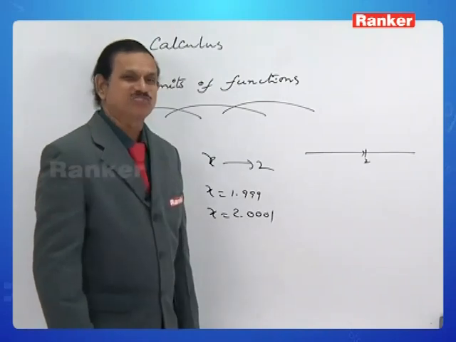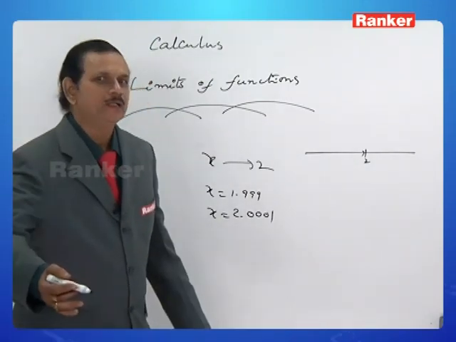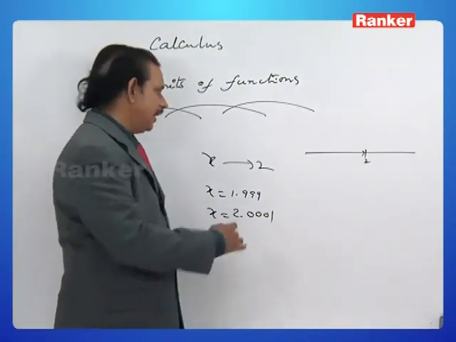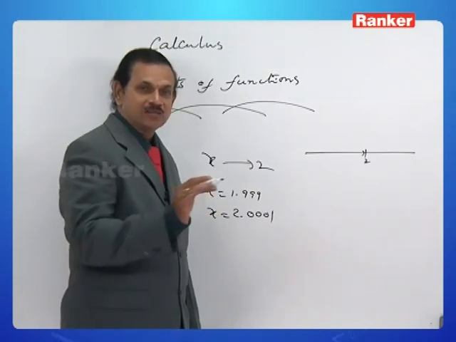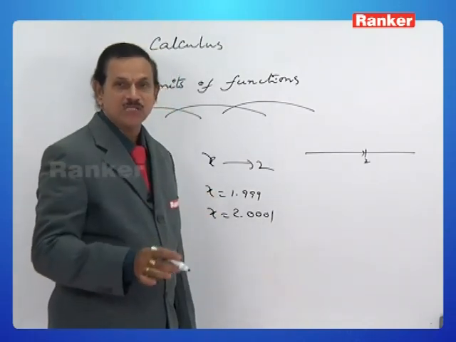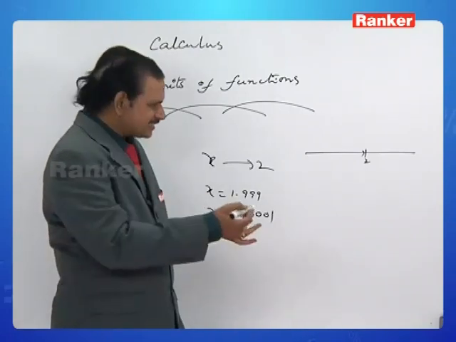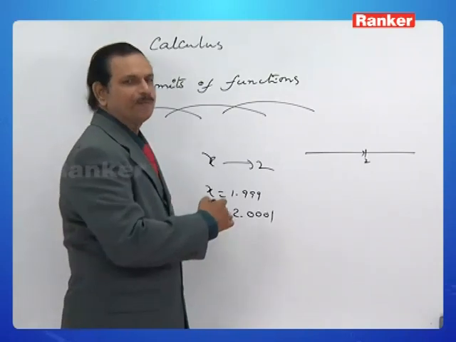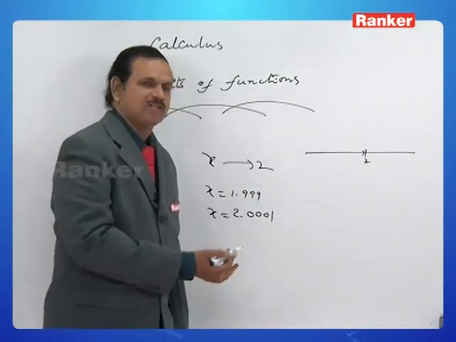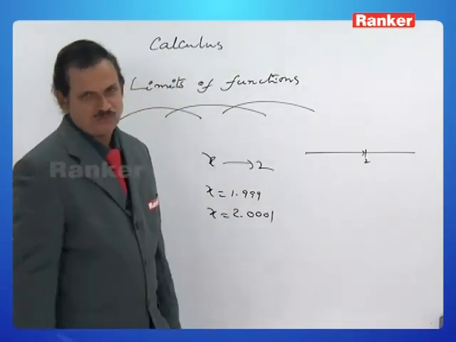And we are using X to be 2. That is, X tends to 2 from left. Why should you add that word from left? Actually, the actual value of X is a value which is just to the left of 2, and X approaches 2. It is approximately equal to 2. That is why we say that X tends to 2 from left.